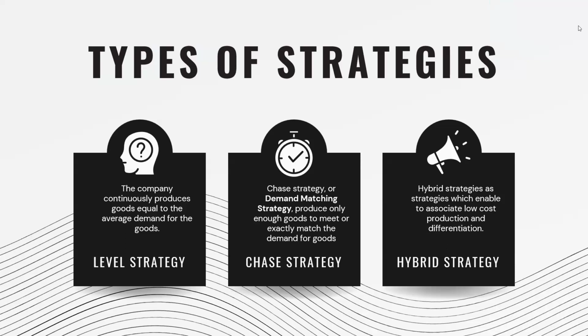And the third one is hybrid strategy. That is the combination of both, and it enables associating low cost production and differentiation. So in hybrid, both pull strategy as well as push strategy can be followed.